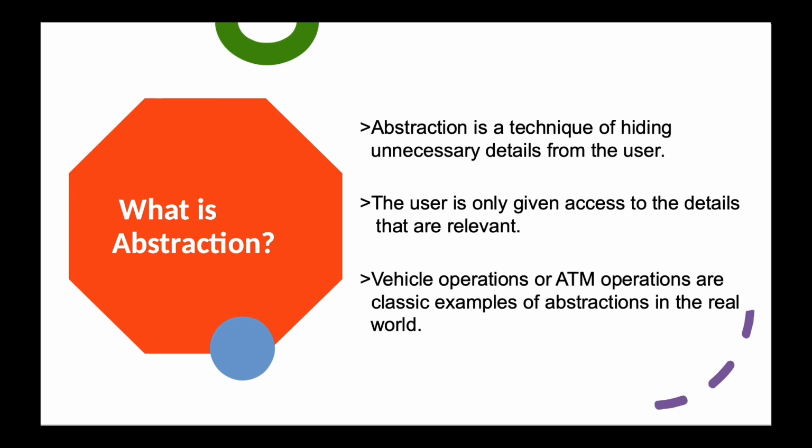So abstraction is a technique for hiding some unnecessary details that the user doesn't need to know. Yes, to the user it is unnecessary. Okay, maybe the programmer needs that information to complete his or her work. A classic example again is the ATM machine operation.